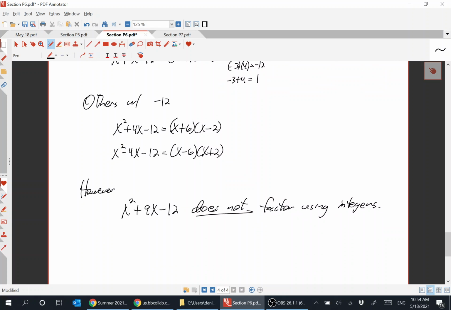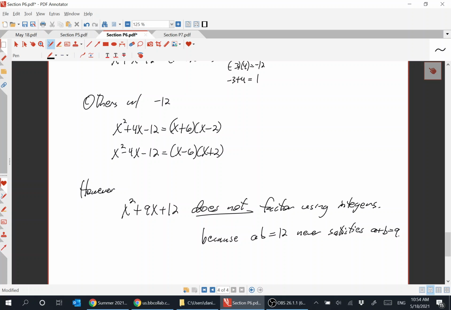Because no factorization of 12, well, even we'll make it a positive, because a times b equal to 12 never satisfies a plus b equal to 9. So right then and there, you've automatically got a quadratic polynomial that does not factor.